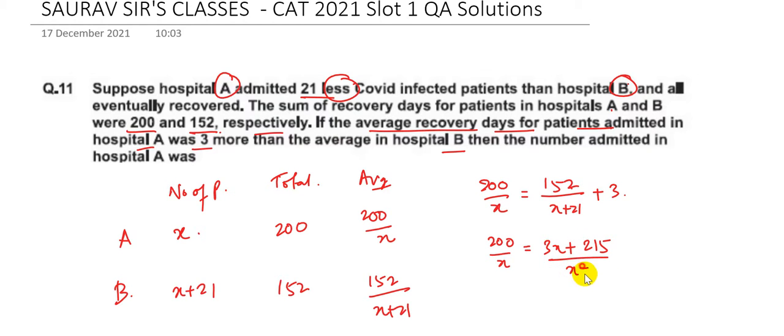by x plus 21. So that means 200x plus 4200 is 3x square plus 215x.